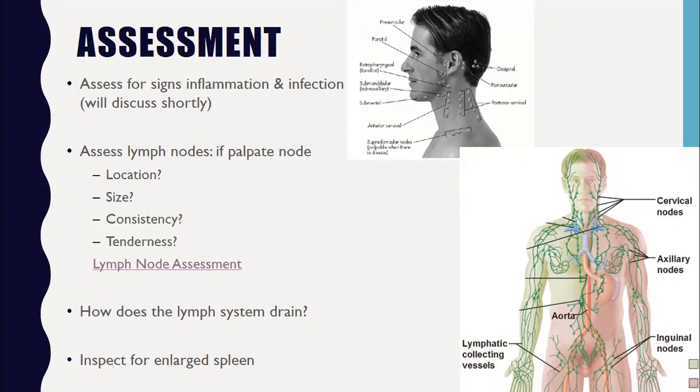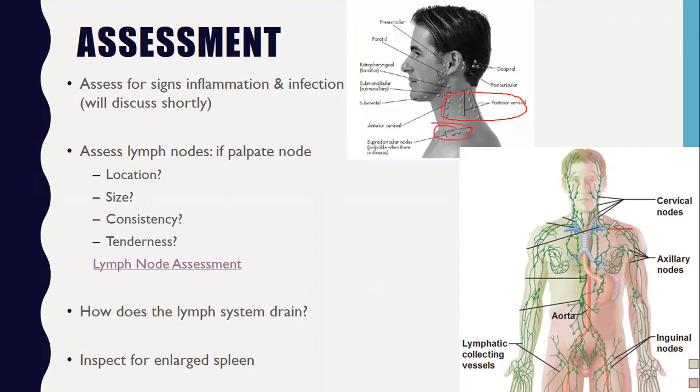So we're going to assess the lymph nodes. We're going to do anterior and posterior cervical, supraclavicular, so above the clavicle, right?